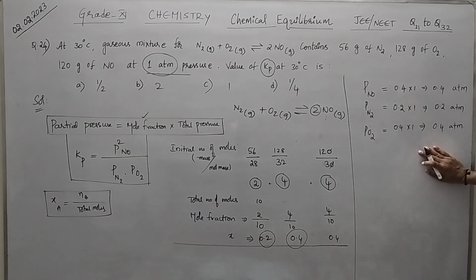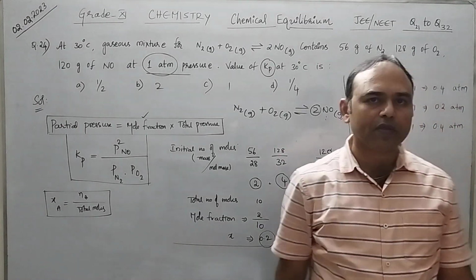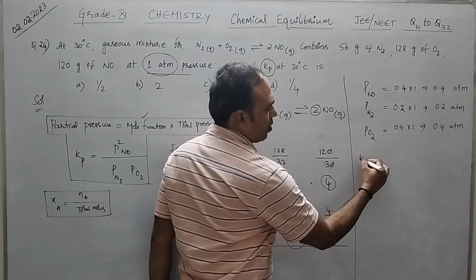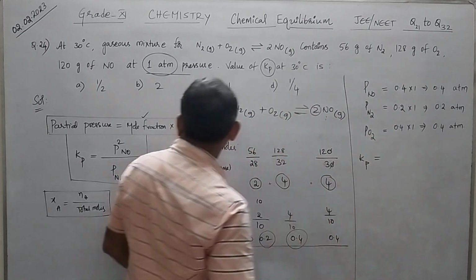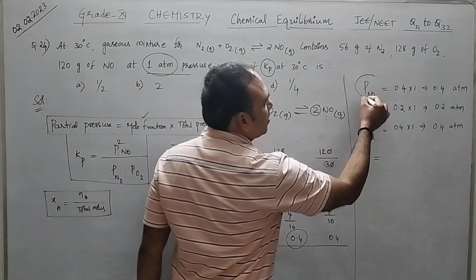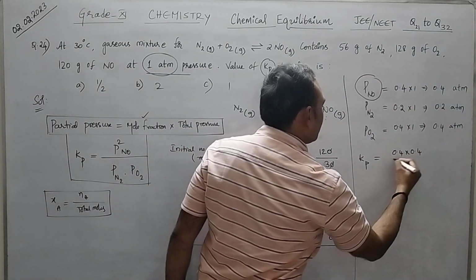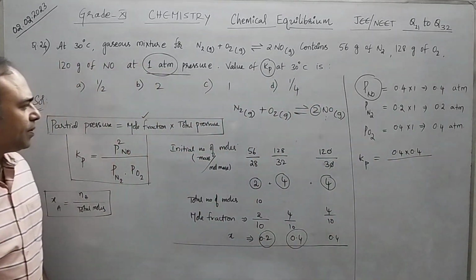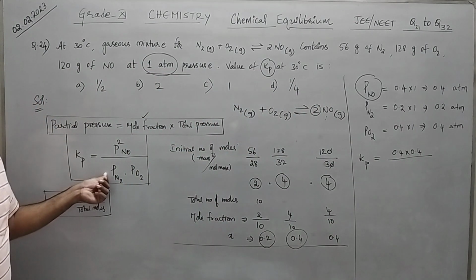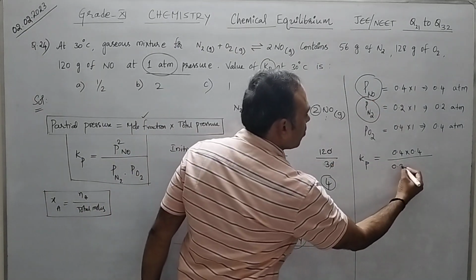Now you have calculated the partial pressures, substitute them in the value of Kp. So what is Kp? Kp is equal to P square NO. What is the partial pressure of NO? 0.4, so substitute the value, divided by the partial pressure of N2, which is 0.2.